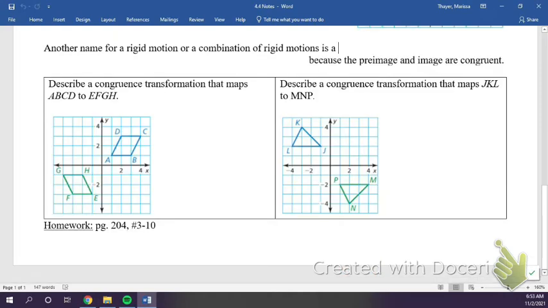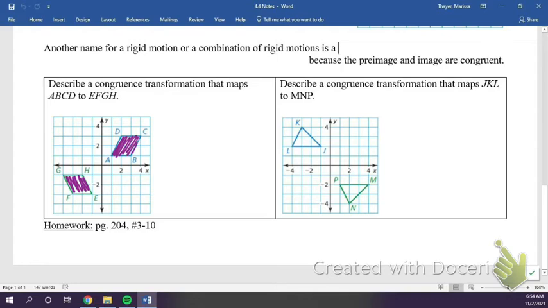Okay, so it says to describe a congruence transformation that maps A, B, C, D to E, F, G, H. So this one to this one. It could be more than one motion.